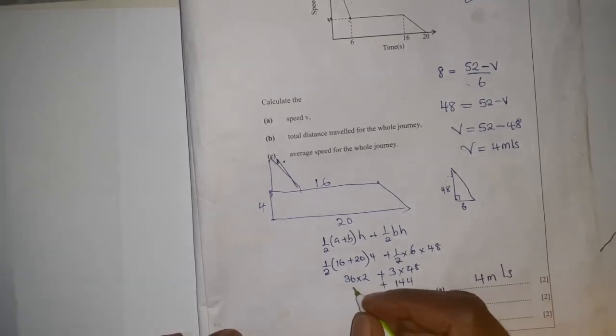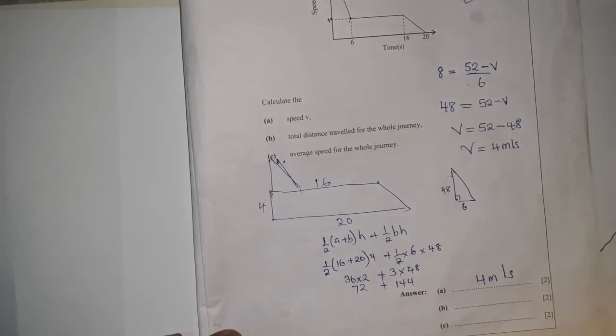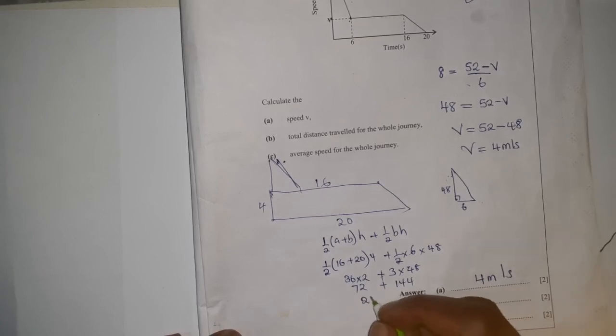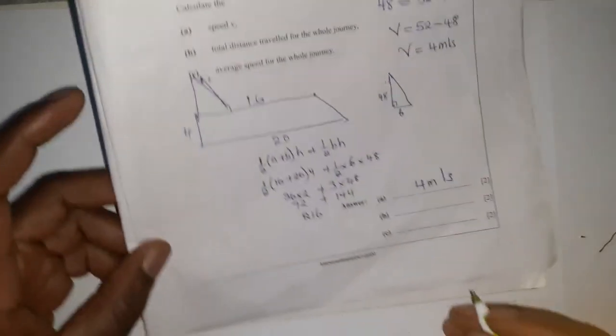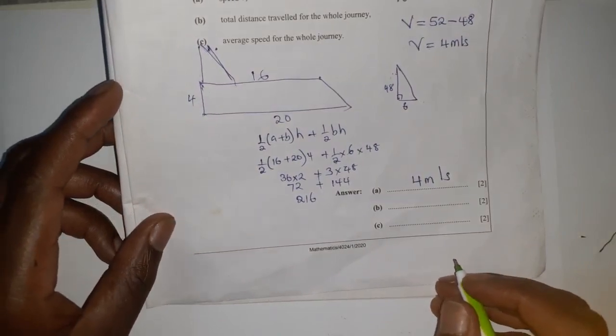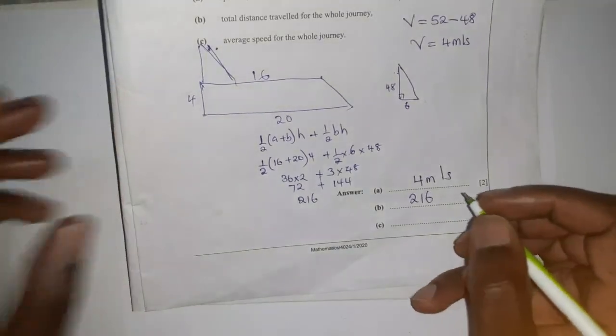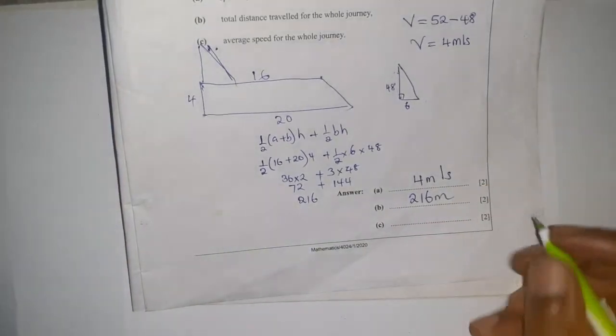This is going to give us 72. So when we add these two, what are we getting? We're going to get 216. So the distance traveled here is going to be 216, the distance traveled, that is 216.